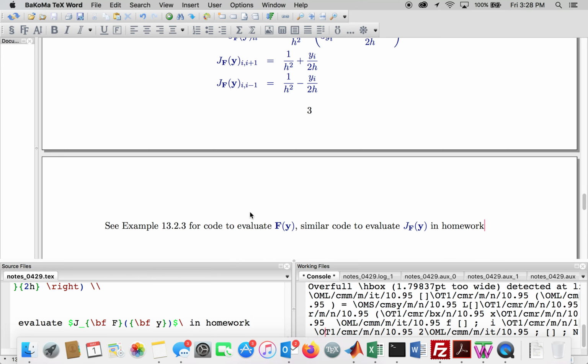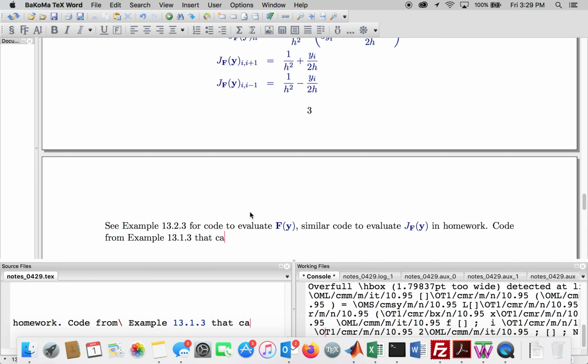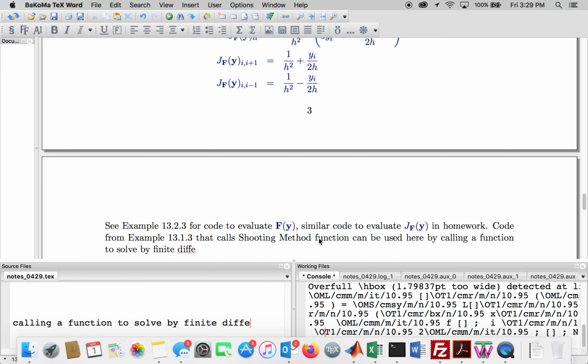And the other thing I want to mention is code from example 13.1.3. Let me make sure I have that right. Yes. That calls a shooting method function, which can be used here by calling a function to solve by finite difference with Newton's method instead.